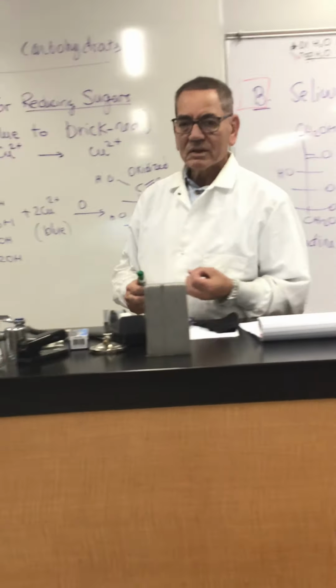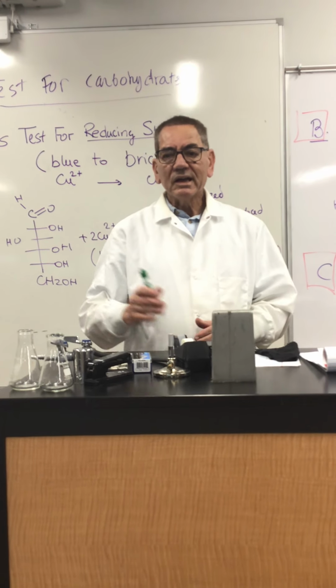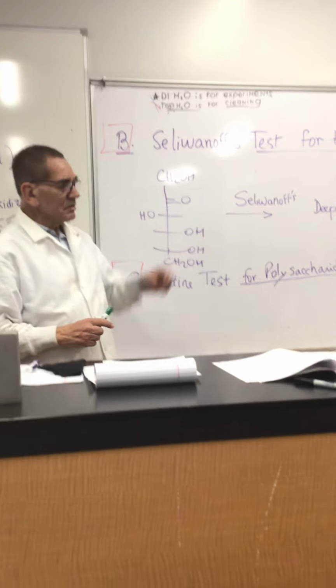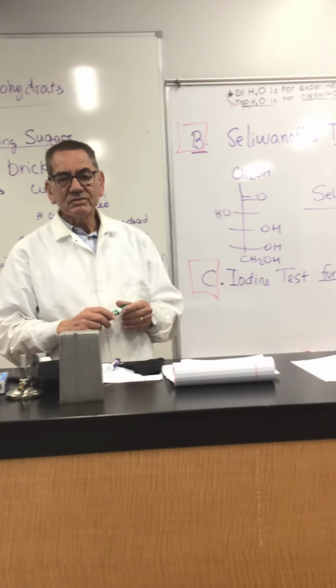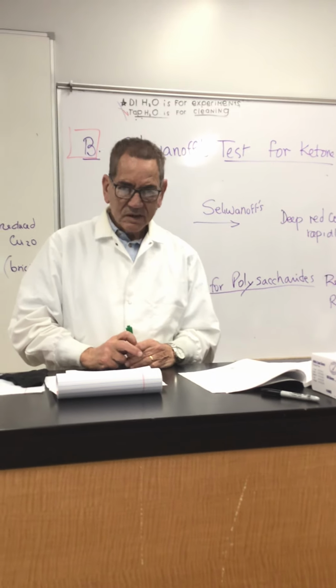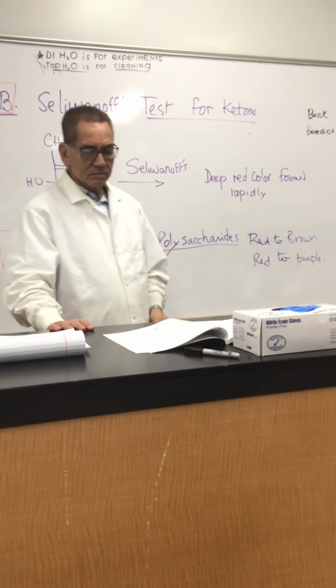That proves that you have a ketone. So to distinguish between an aldose and a ketose, you use Seliwanov's test. It will always give you a positive test with ketoses. The color changes to a deep red color.